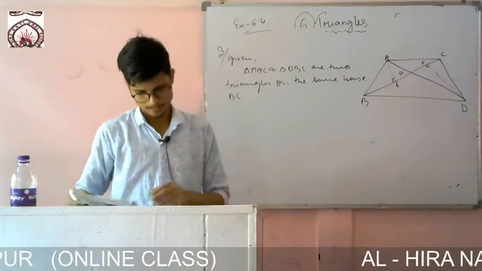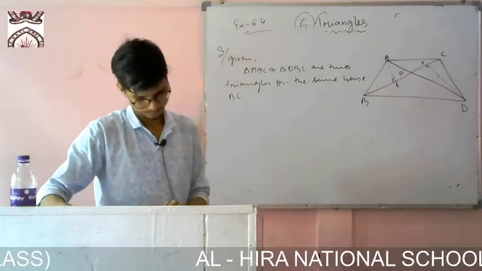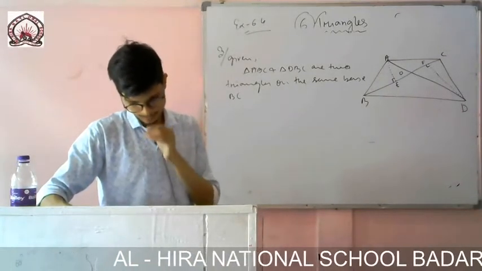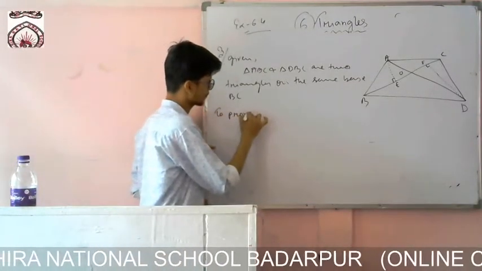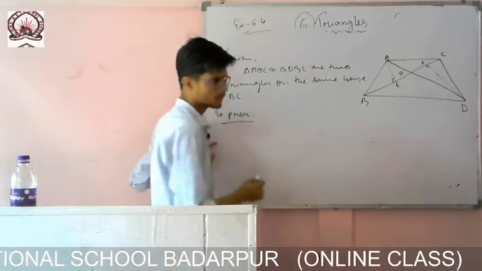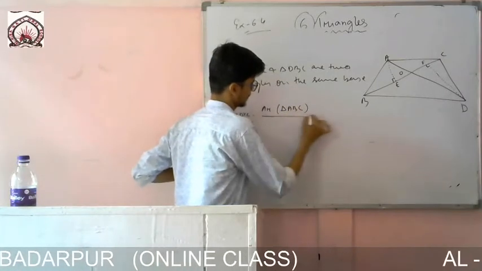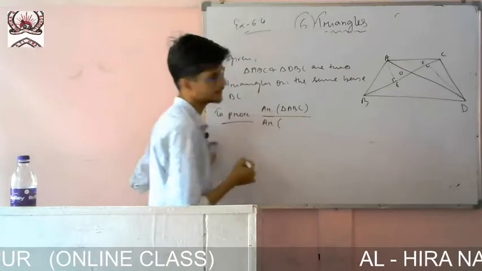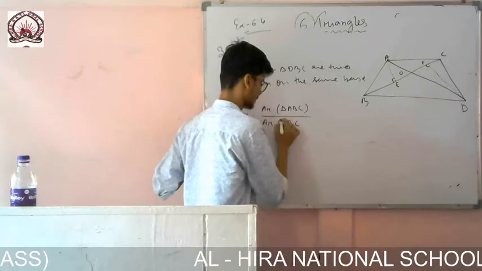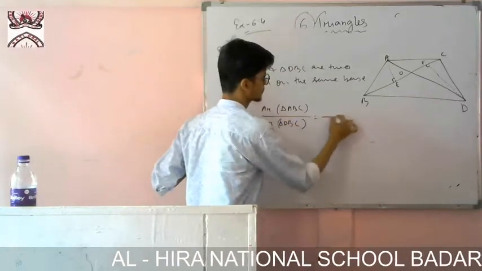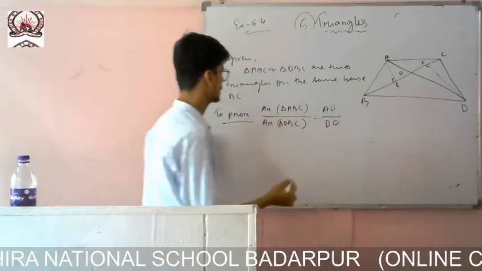This is what is given in the question, and what I have to prove, you write it. To prove: area of triangle ABC by area of triangle DBC equals AO by DO. I have to prove this one.